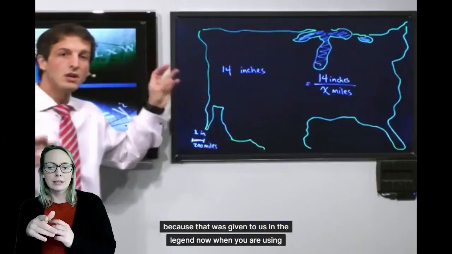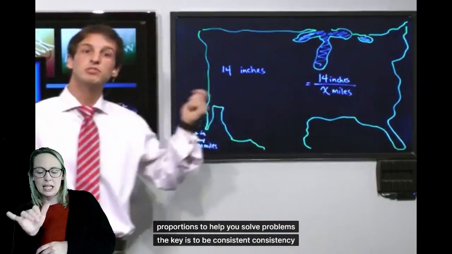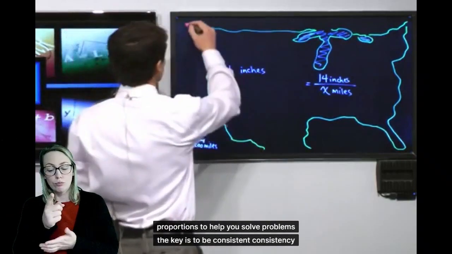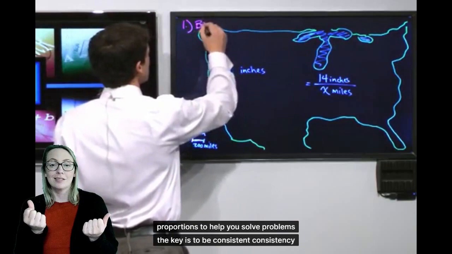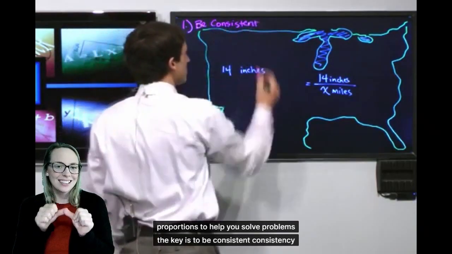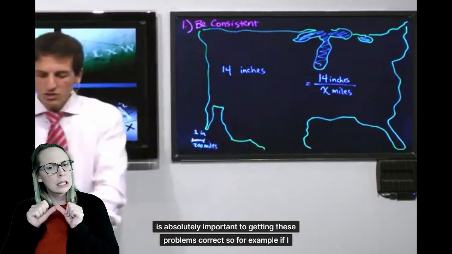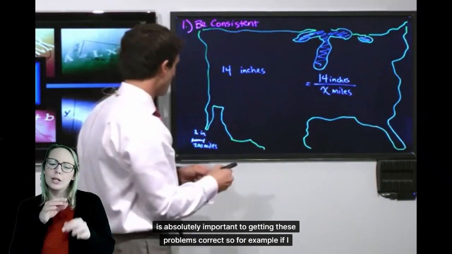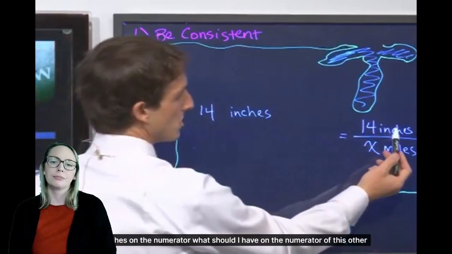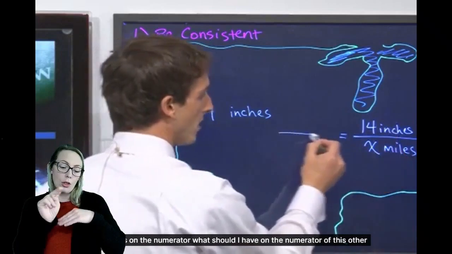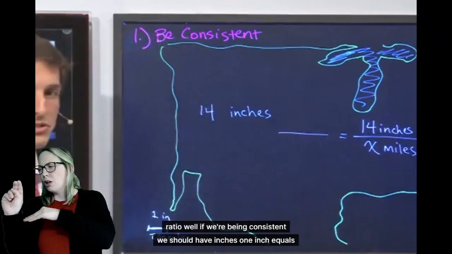Now, when you are using proportions to help you solve problems, the key is to be consistent. Consistency is absolutely important to getting these problems correct. So for example, if I have inches on the numerator, what should I have on the numerator of this other ratio?